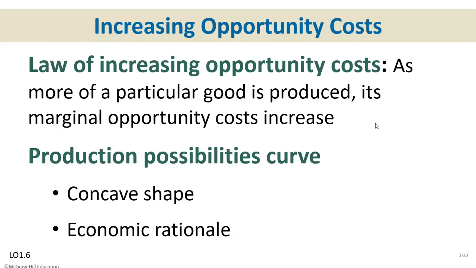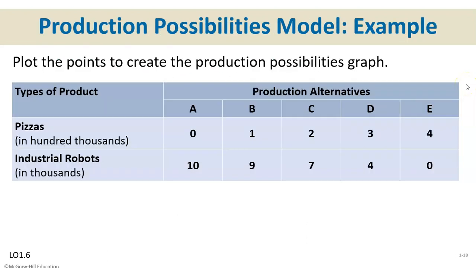So I'm going to show you how to solve for opportunity costs from the chart and then also from the graph, because you're going to run into both of them. Okay, so let's talk about the opportunity cost of our first pizza. So if we were making no pizza and we wanted to produce one more pizza, the opportunity cost is the trade-off.